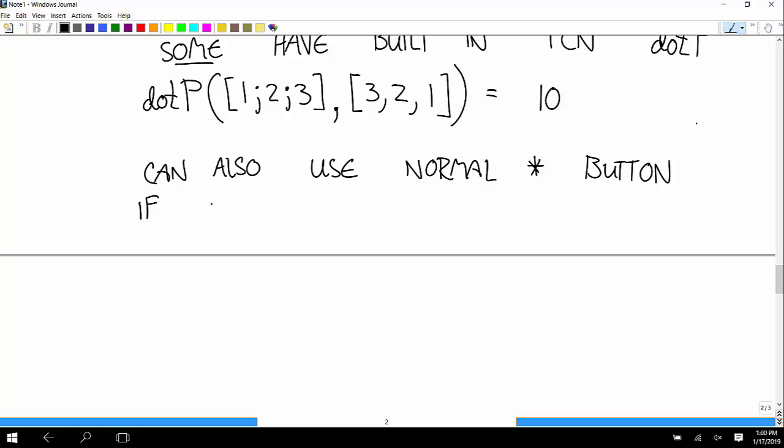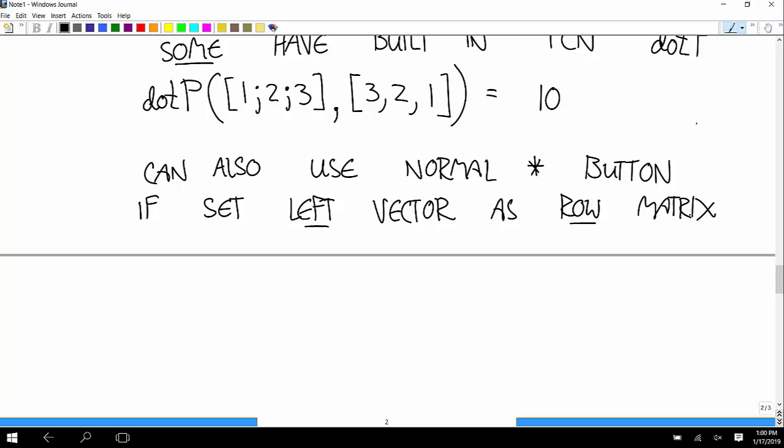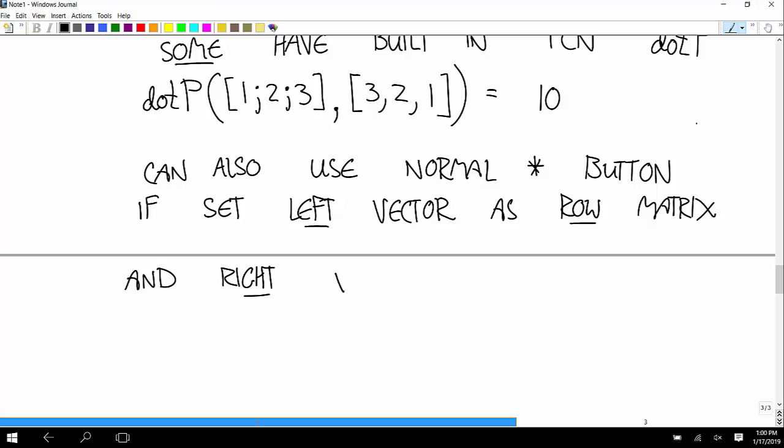If you set the left vector as a row vector, as a row matrix, and the right vector as a column matrix.